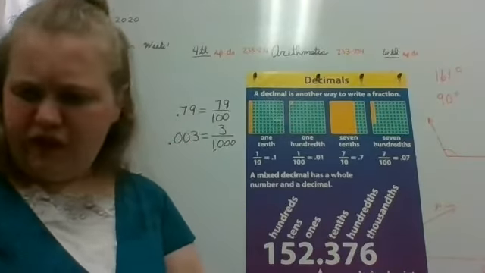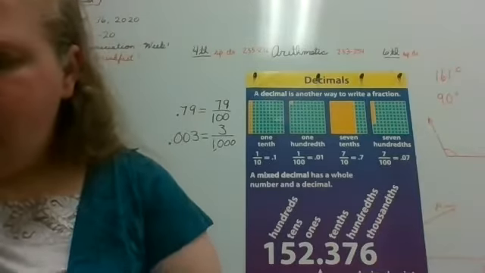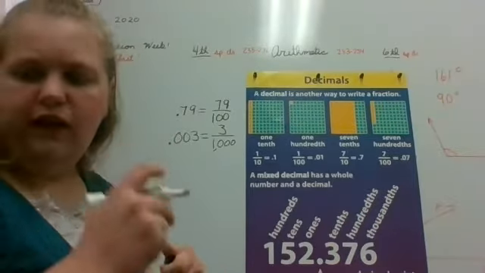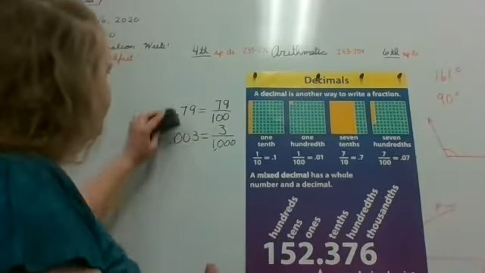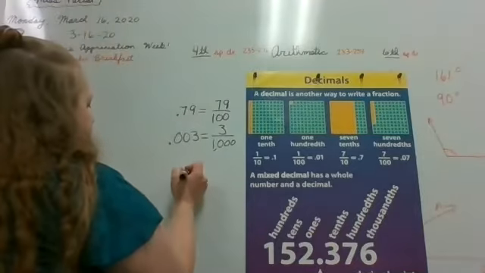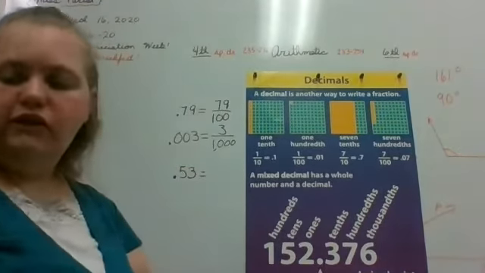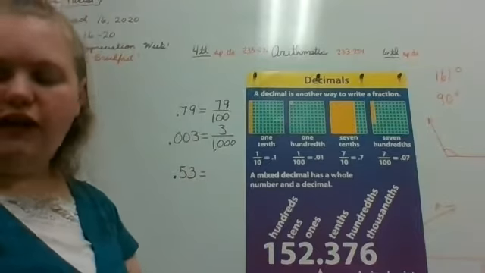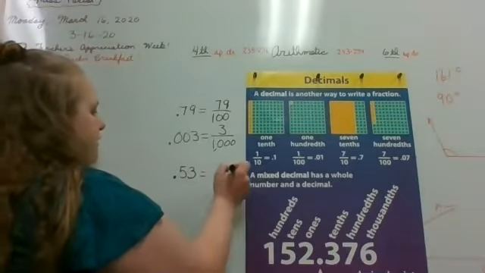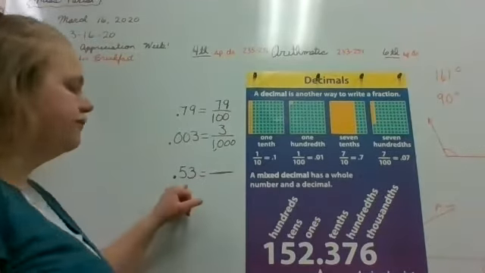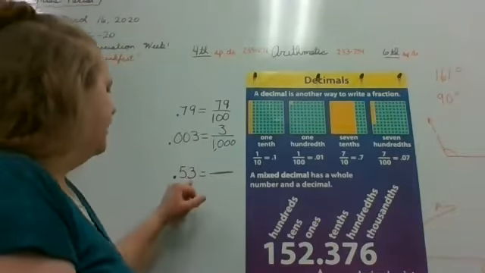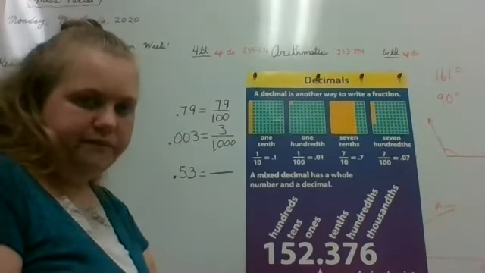All right, look at section 3, and we're going to do number 1 together, okay? It is 0.53, okay? So we're going to make a fraction for this decimal as well. We have a fraction line, 53, and what place is the 3 in?